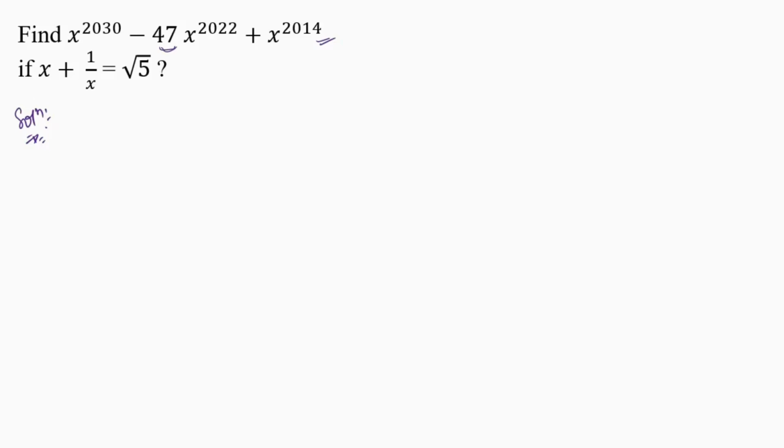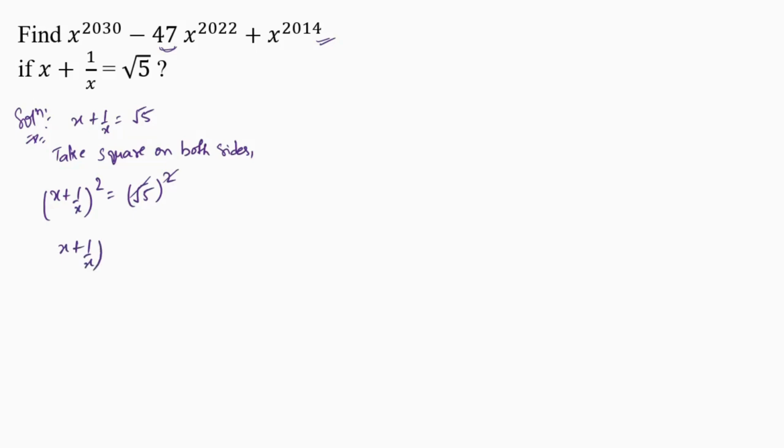So let's start. We have x plus 1 over x equals root 5. Now take a square on both sides. We get x plus 1 over x whole square equals root 5 square. So square root will get cancelled out and we get x plus 1 over x whole square equals 5.